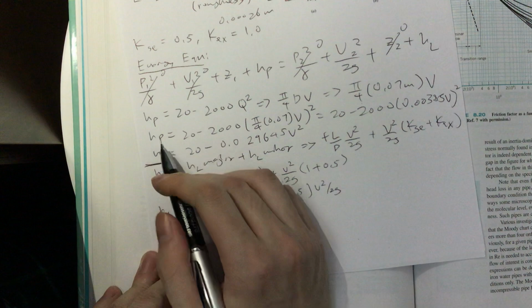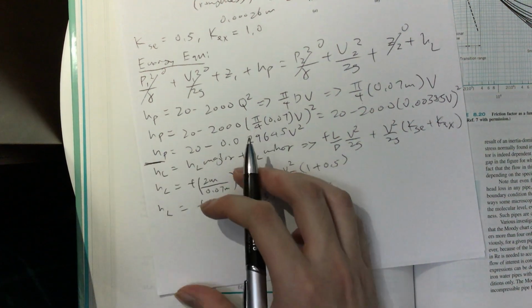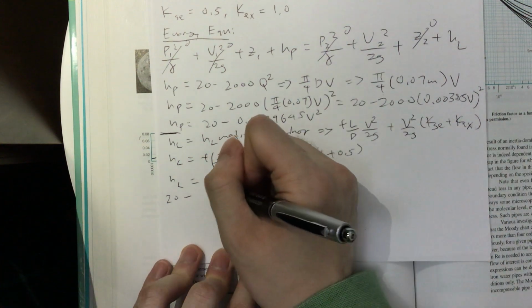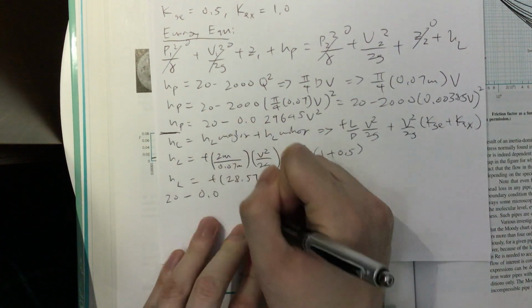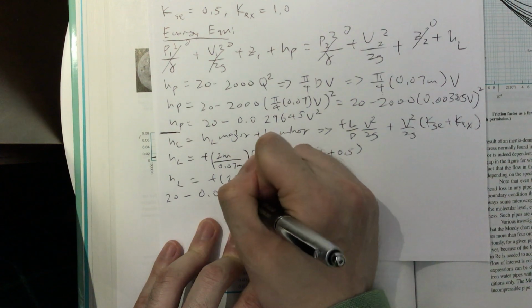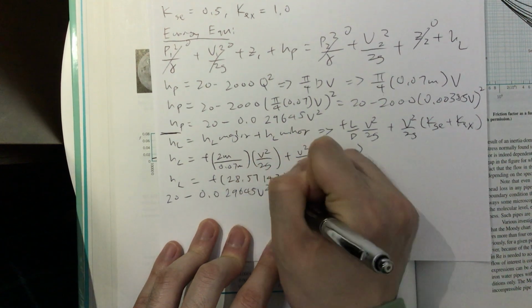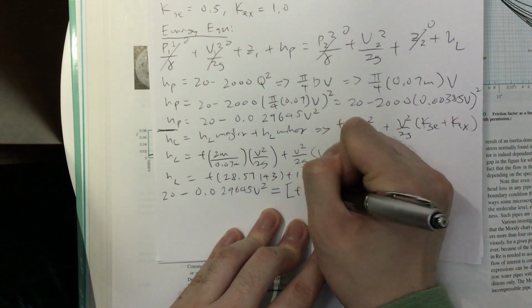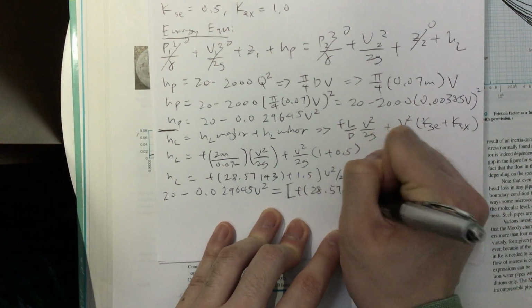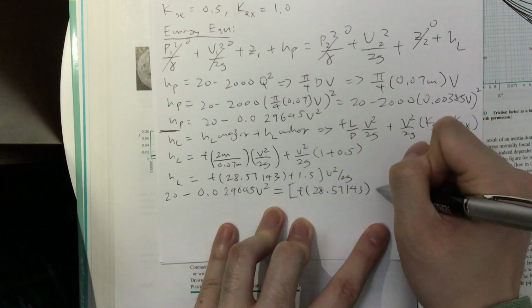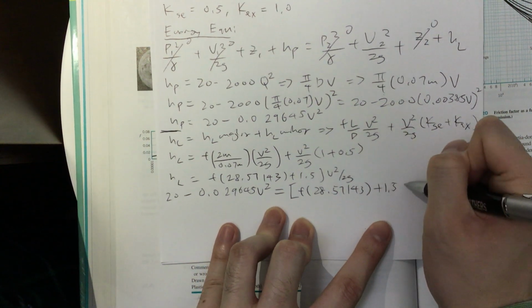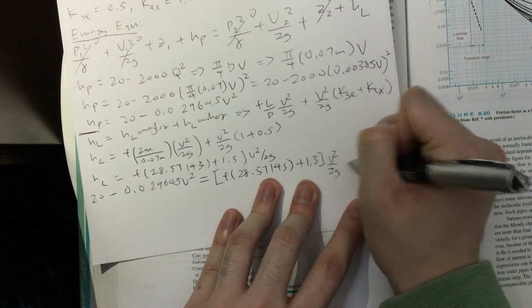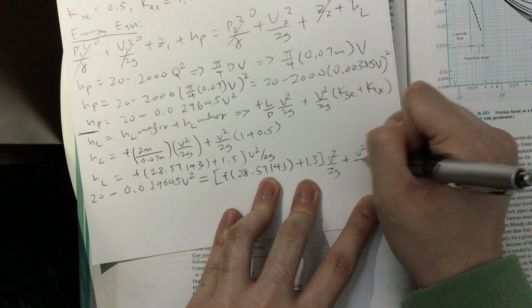So our HP: 20 minus 296.45 V squared equals F times 28.57143 plus 1.5, times V squared over 2g plus another V squared over 2g.